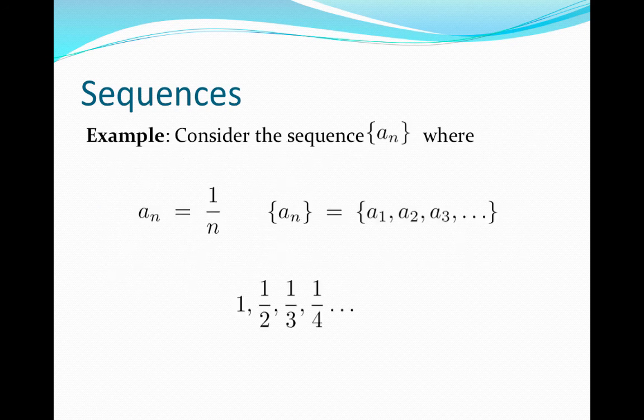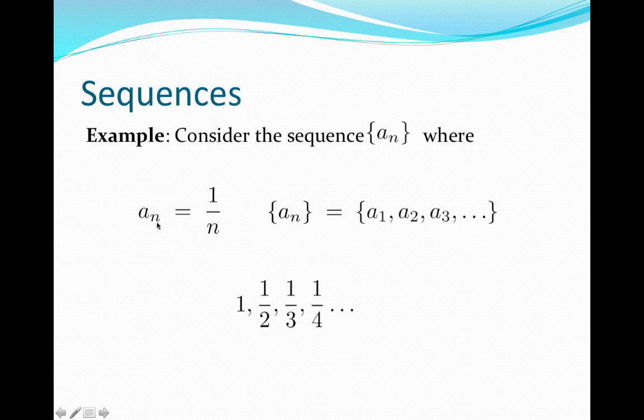Okay, so let's look at some examples to make this a bit more clear. To represent a sequence, we can do it in a number of ways, just as we have for functions in the previous section. One of the common ways is to denote it by a formula. So a sub n is equal to 1 over n. This is a particular example of a sequence where our domain needs to be the set of positive integers and not the set of natural numbers, specifically because a sub 0 would be undefined.